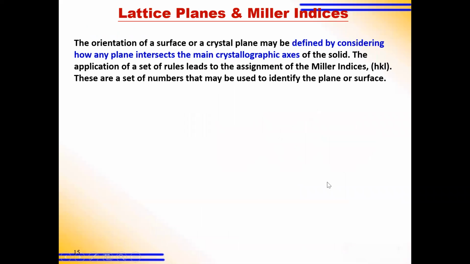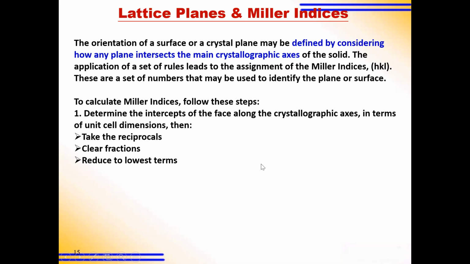So that is one thing. The orientation of the surface of the crystal plane is defined by considering how many planes intersect the main crystallographic axes of the solid. The application of this set of rules leads to the assignment of the Miller indices, that is HKL, and these are a set of numbers that may be used to identify the plane and the surface.